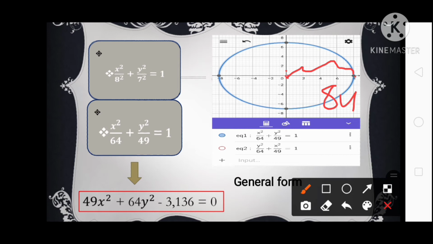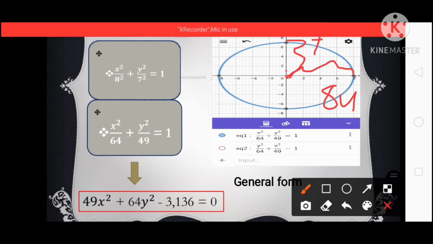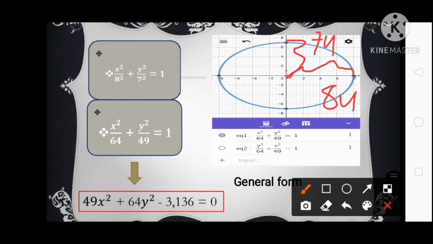Then from the center to the edge of our minor axis, we may count 7 units. That is the value of our b. That's why our graph always looks like this.